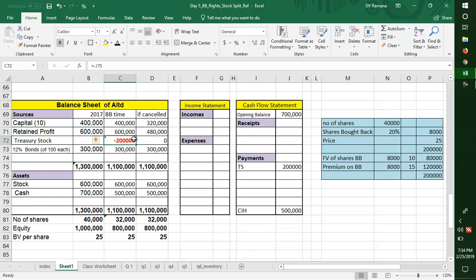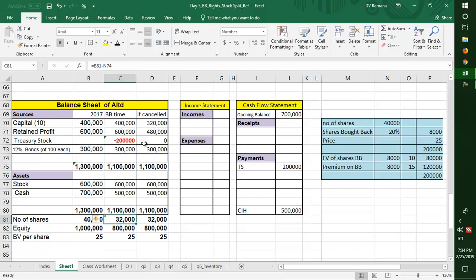But the management can decide to hold it or to cancel it. If they hold, then this will continue. The treasury stock will continue to appear on the balance sheet as a negative equity. But because the shares have been withdrawn from the market, the number of outstanding shares will reduce. These 8,000 shares are now with the company, not available in the market for trading.